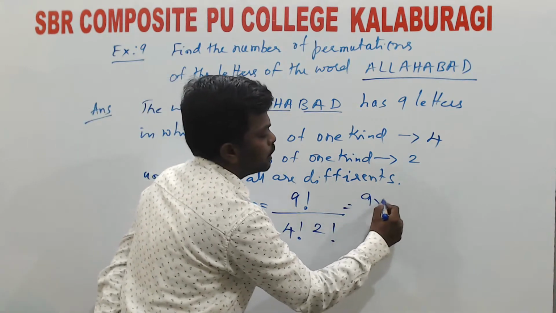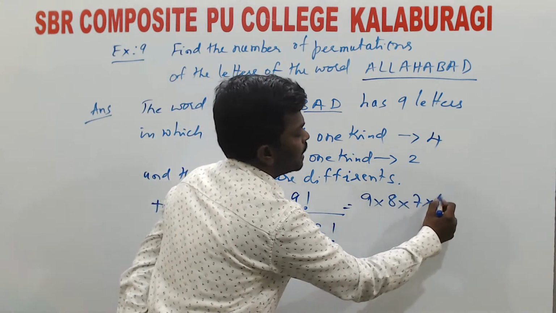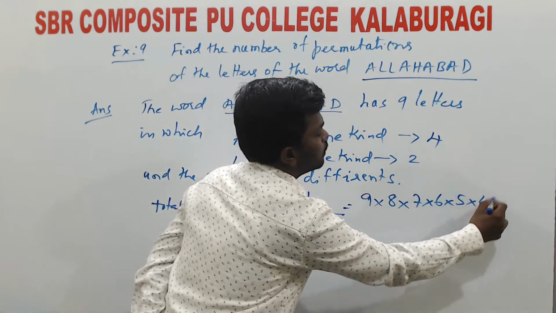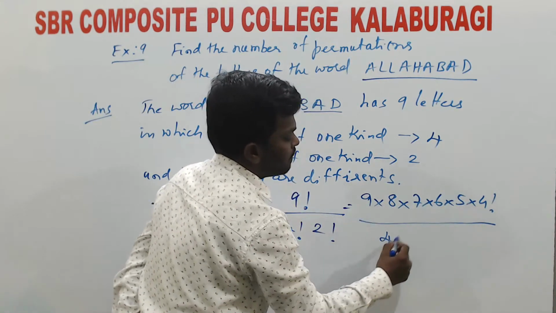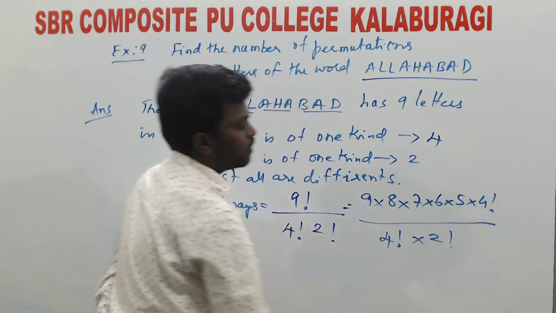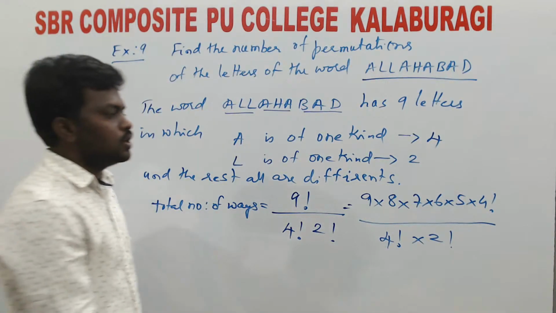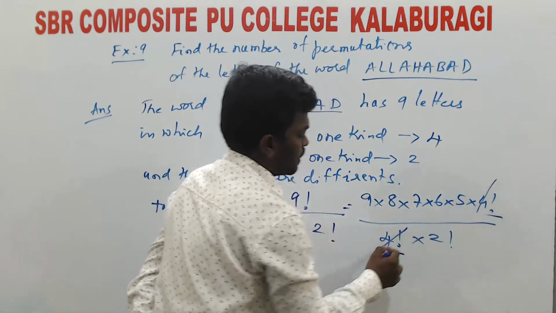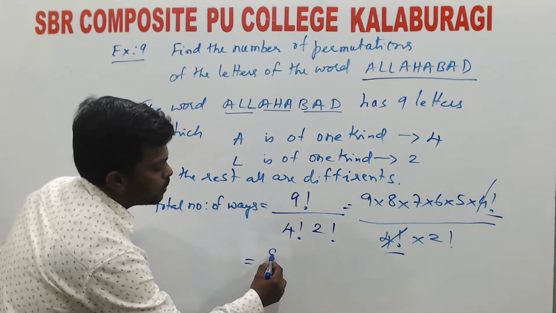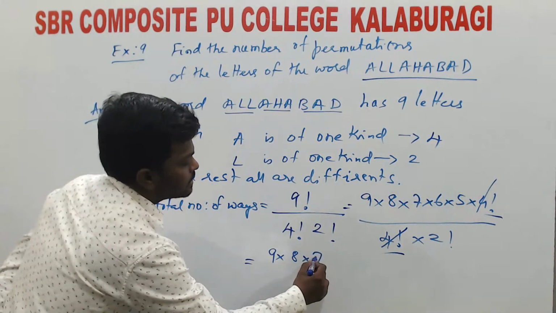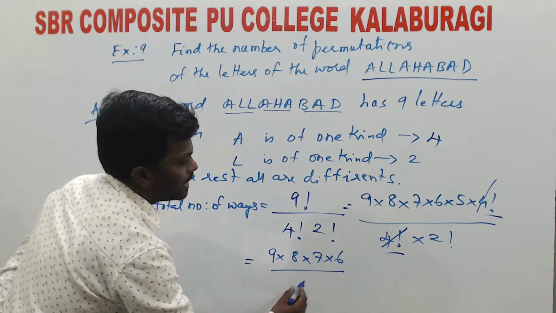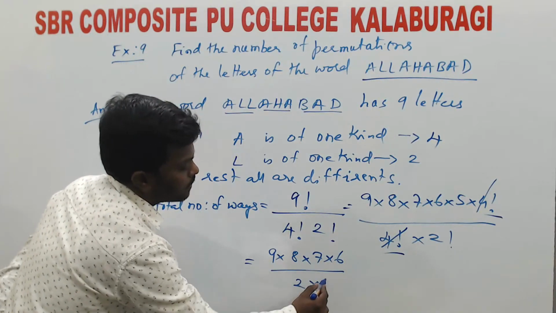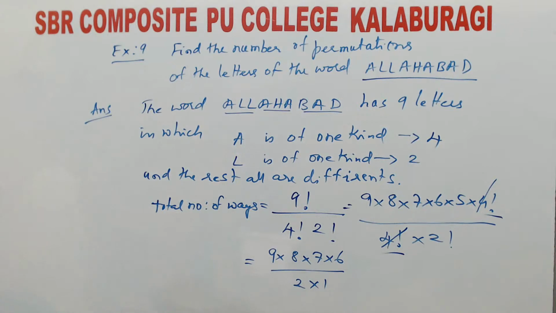So now simplify this one, right? So 9 into 8 into 7 into 6 into 5 into 4 factorial, whole divided by 4 factorial into 2 factorial, right, students? So 4 factorial cancels. So which is equal to 9, 8, 7, 6, 5 divided by 2 factorial. So 2 factorial is nothing but 2 into 1, right?